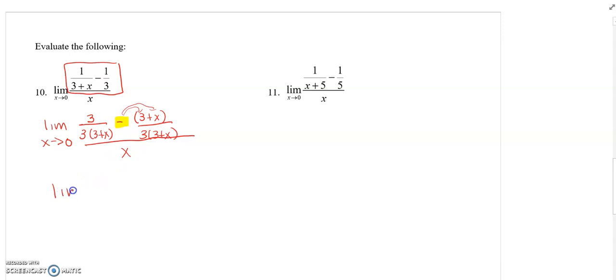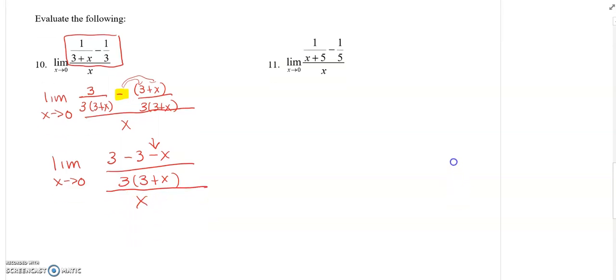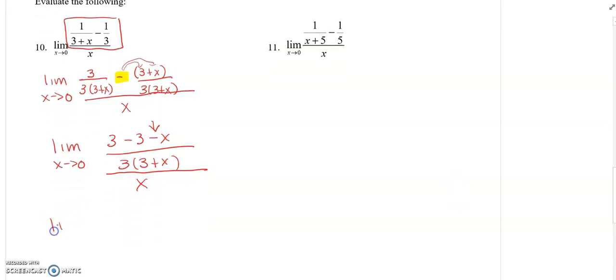So let's rewrite that as one term together. So notice this negative right here. And then I have this all over x. It's not going to be long before this becomes something that I can manage.